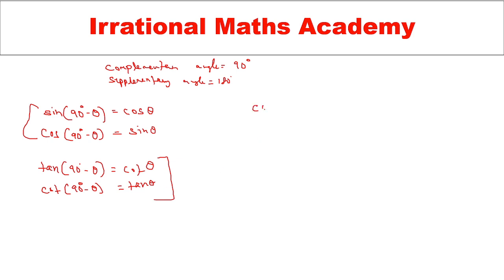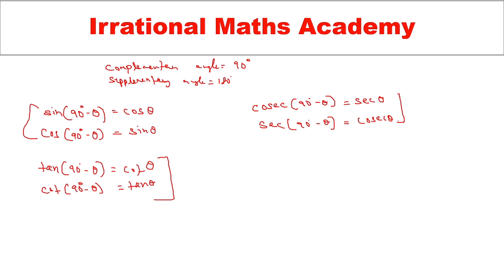Next, cosecant 90 minus theta is secant theta. Secant 90 minus theta is cosecant theta. Is it clear? You will understand this very well when you solve problems. As of now, try to remember all those things.